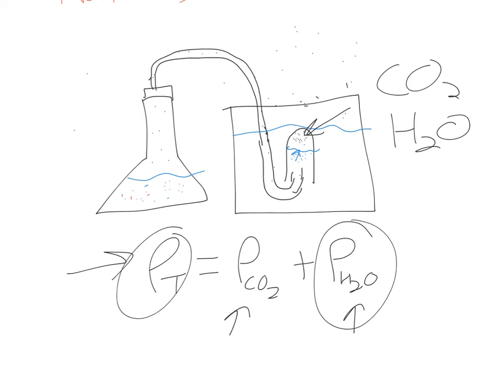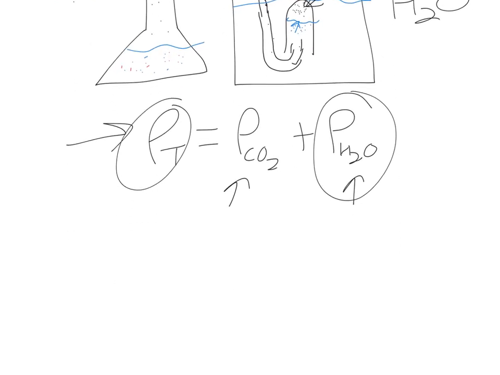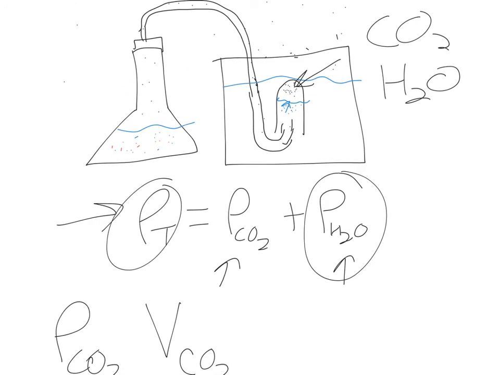Now, the next step to go with there is if you knew, let me write this in, if you knew the pressure of the CO2 and you knew how much volume of CO2 you collected, which you could easily measure, right? If you went up here and you measured that distance, you could also be doing this in a graduated cylinder instead of a test tube.